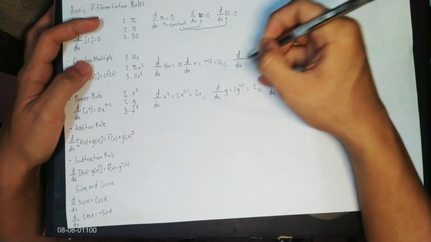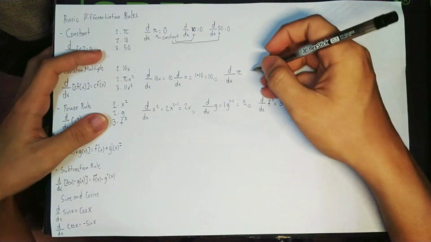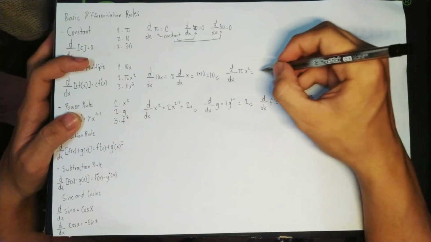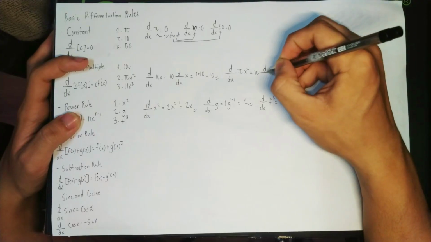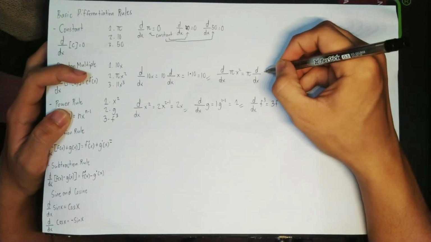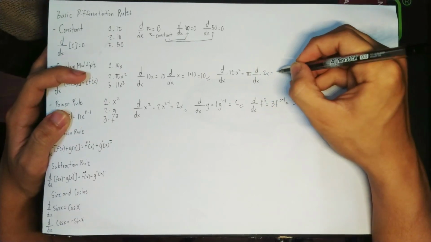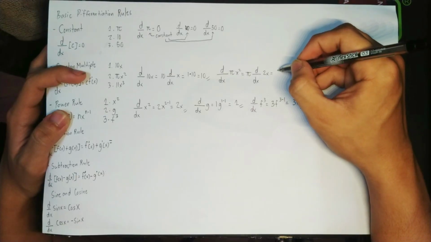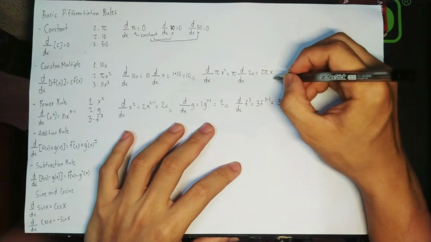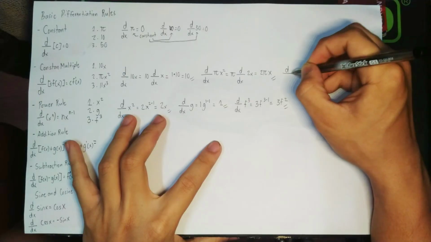So 10x will be 1 times 10 equals 10, and for pi x squared, you move the pi to the other side, and then the x squared will stay, so we can power rule it, and you get 2x. If you multiply them, you will get 2 pi x.